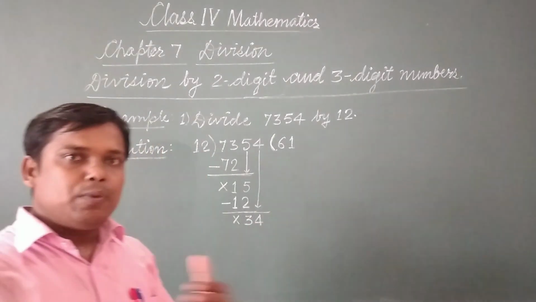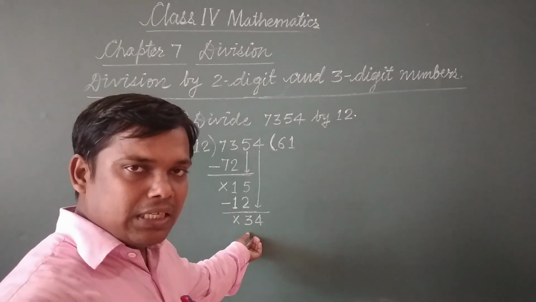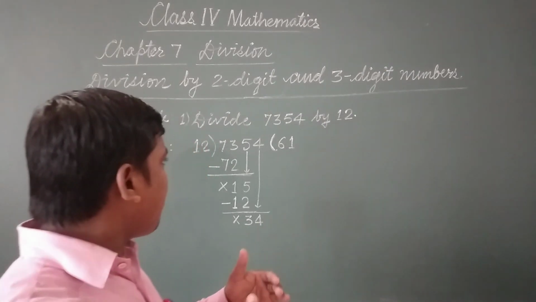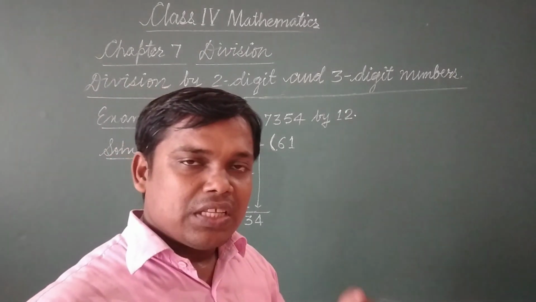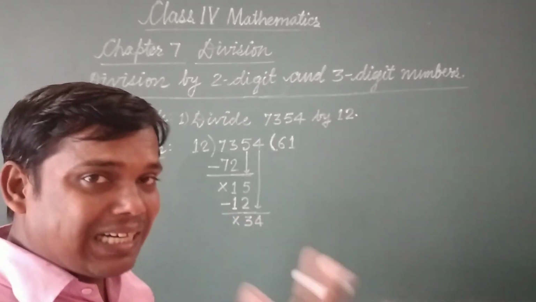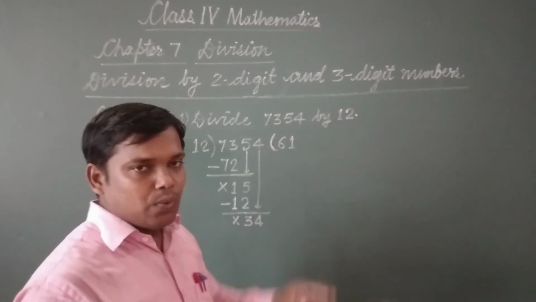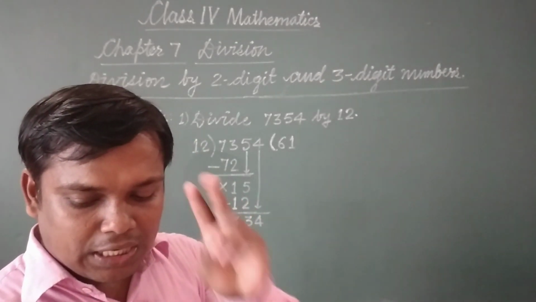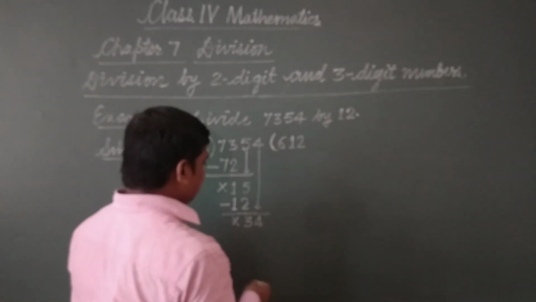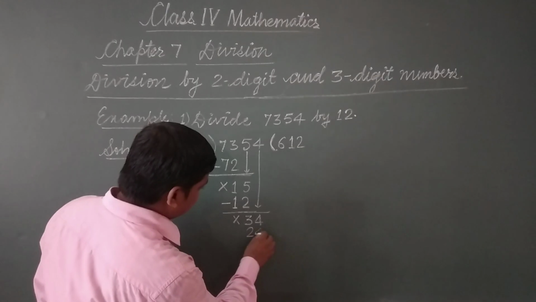We read table of 12 to reach nearby 34. You will read the table of 12, then you will get 12 2s are 24 and 12 3s are 36. So we cannot write 3 times, we will write only 2 times. So 12 2s are 24.